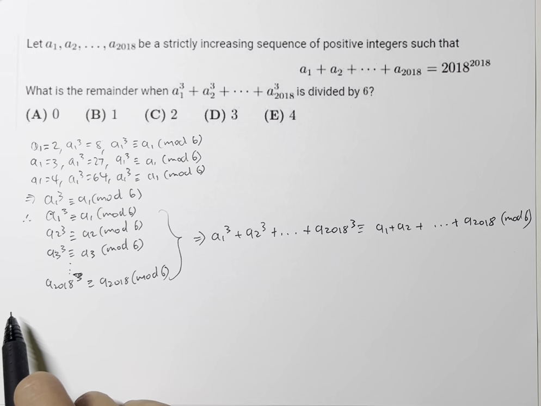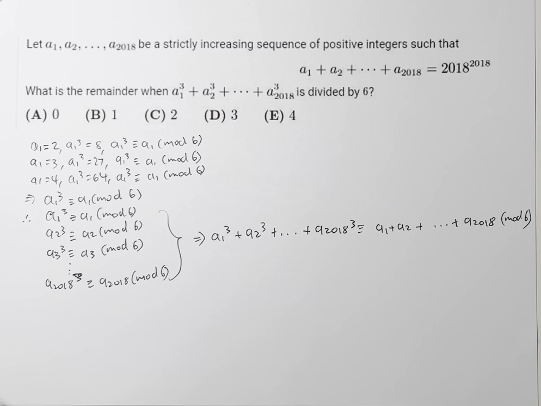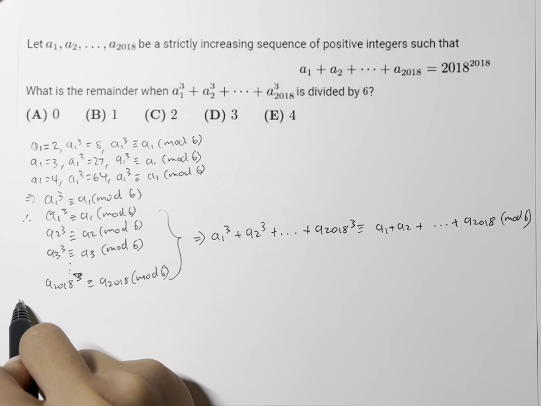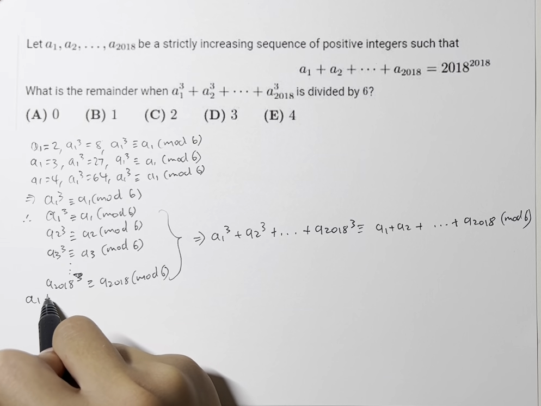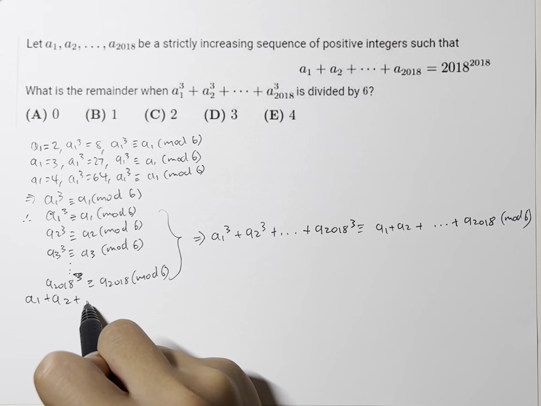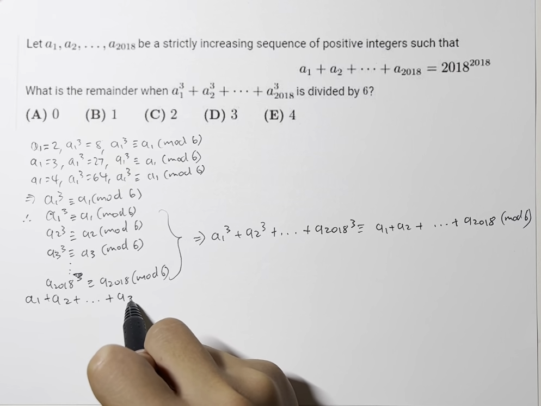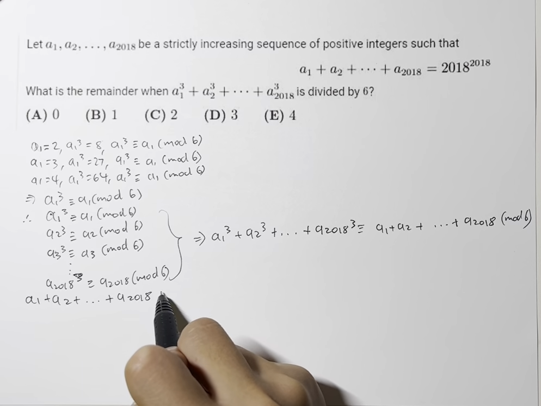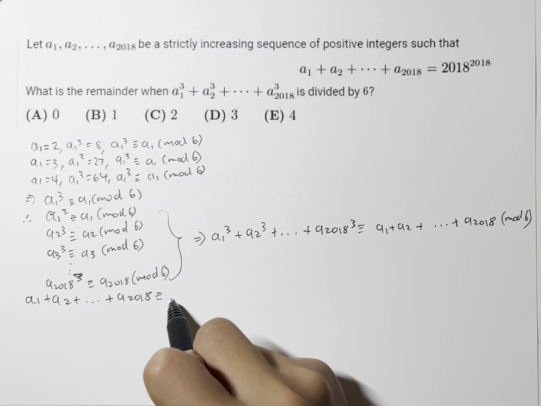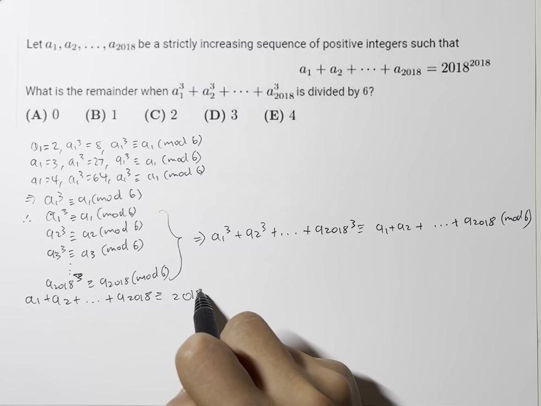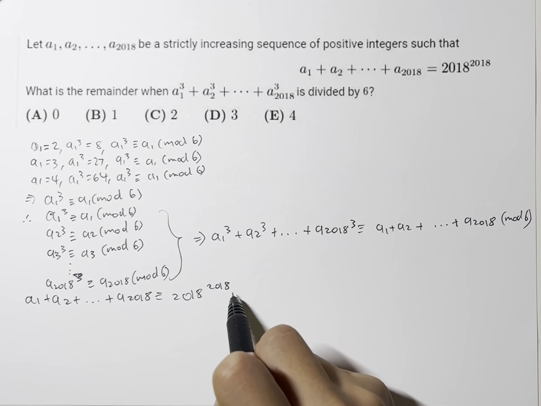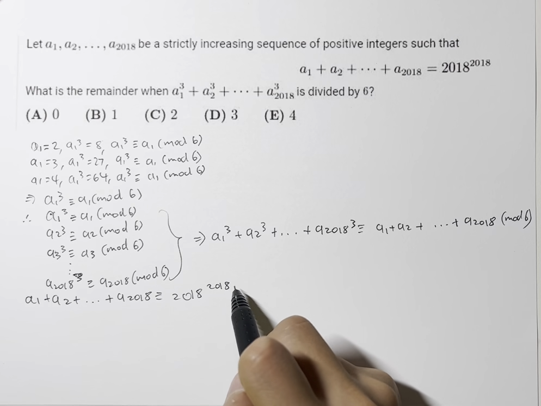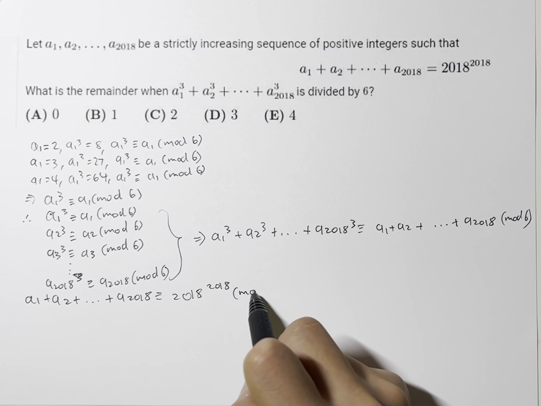Okay, so now let's go back to the problem. So then we know that A1 plus A2 plus ... plus A2018 will be congruent to 2018 to the power of 2018 mod 6.